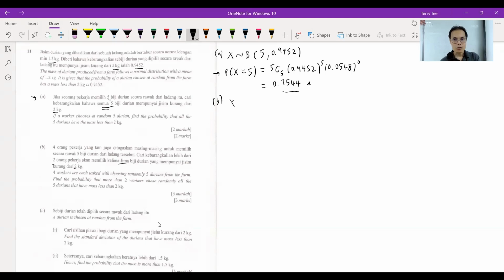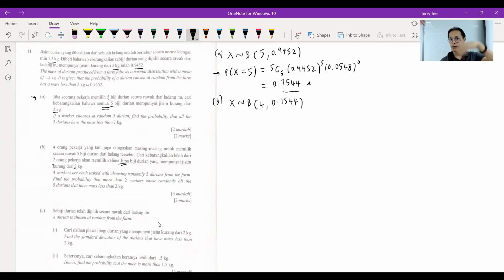Okay, now you have how many workers? You got 4 different workers, right? So each one of them is tasked to choose 5 durian. That means what's the chance, for each worker, of getting 5 durian less than 2 kg? Each is 0.7544.